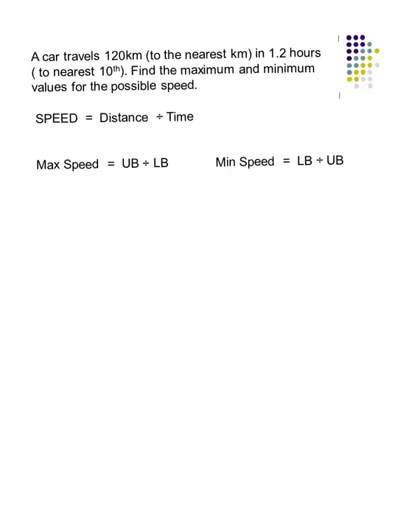So if a car travels 120 kilometres to the nearest kilometre in 1.2 hours to the nearest tenth, so to one decimal place, find the maximum and minimum values for the possible speed. So we're going to have distance over time.